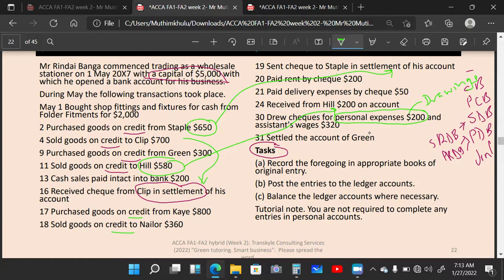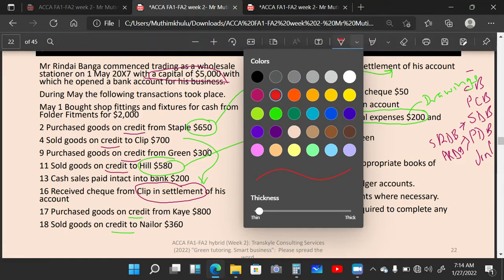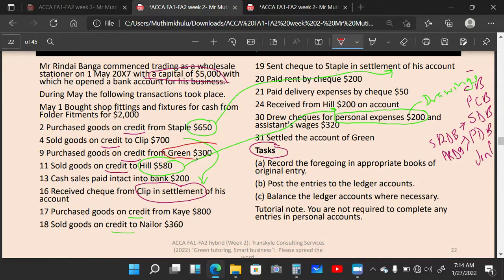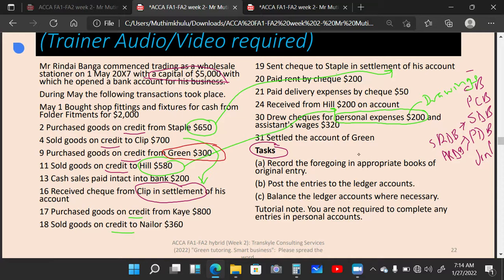Settled the account of Green. How much did we borrow from Green? Goods from Green. Where is Green? I can't see any Green here. Okay, yes, this is our Mr. Green, $300.